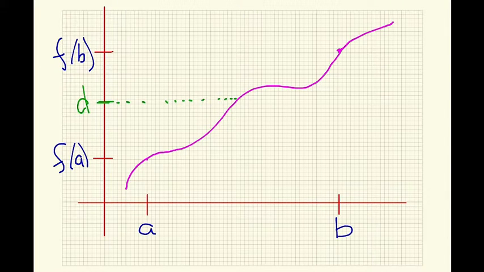We find the function, and then we work our way down till we find C. And that's what the intermediate value theorem says.